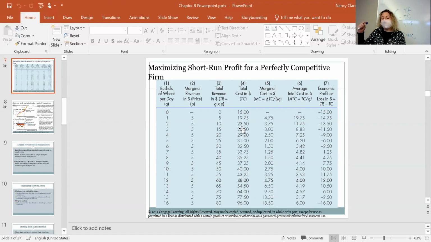Why would you produce something that cost you $650 if you knew that you would only be able to sell it for $5? That doesn't make good business sense, does it? So basically, another way of saying MR equals MC is you produce up until your marginal cost is greater than your marginal revenue.